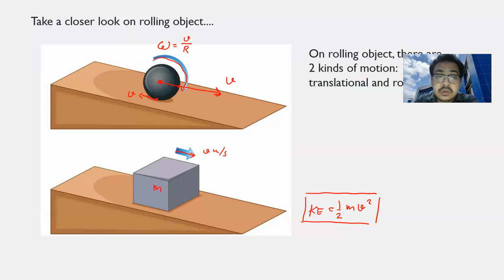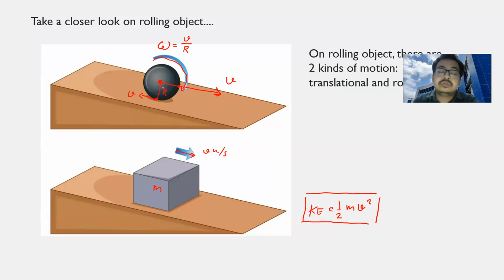The distance between this point and the center is r, or simply the radius of the object.